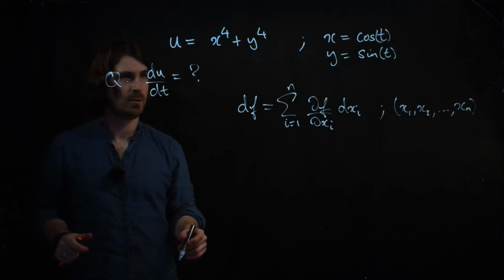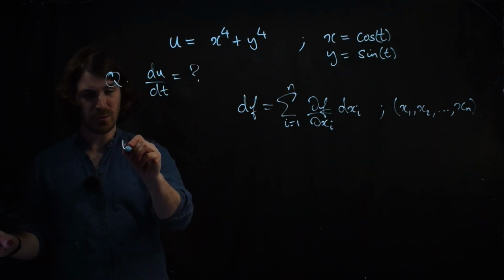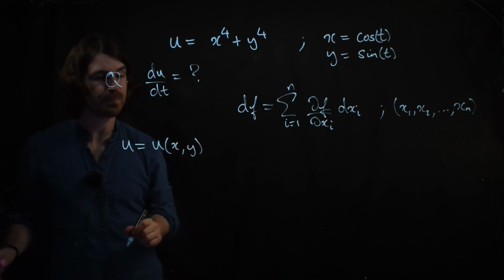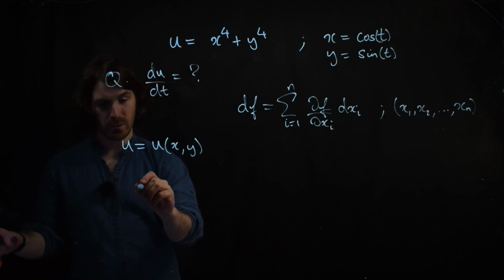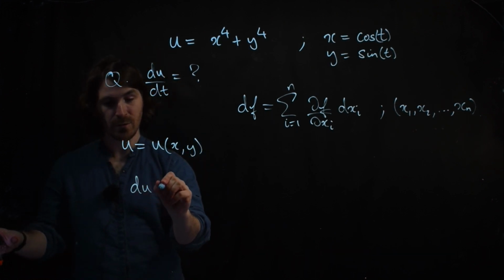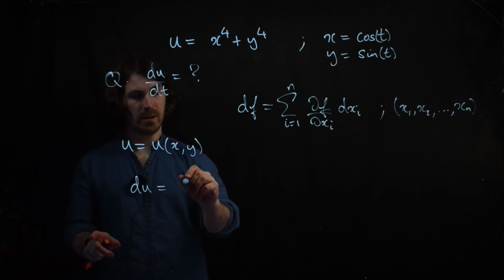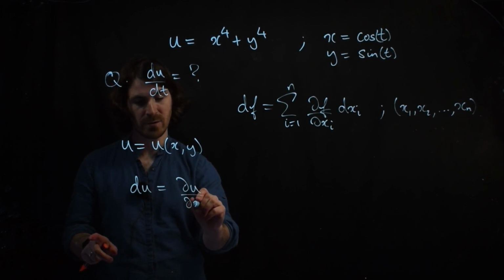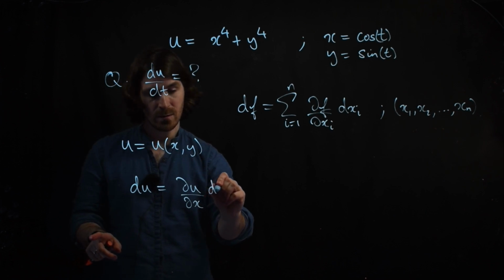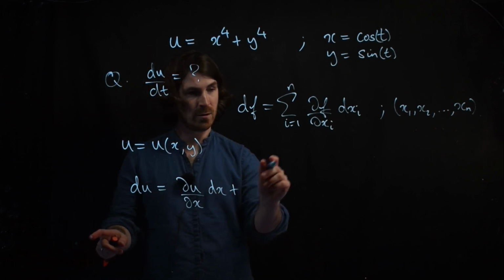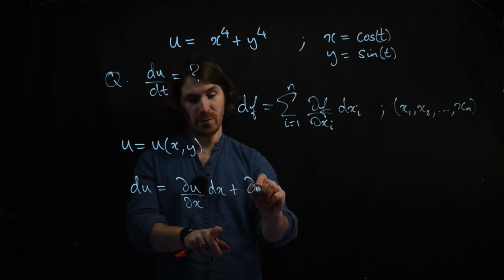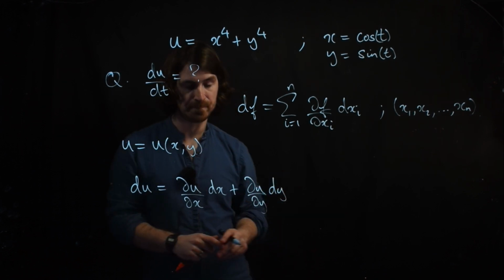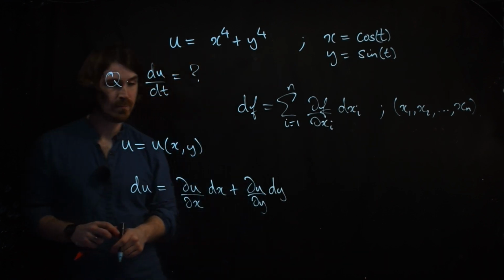Here our function u is a function of two variables, x and y. So our total differential du equals the partial derivative of u with respect to the first variable, x, times dx, plus the partial derivative of u with respect to the second variable, y, times dy.